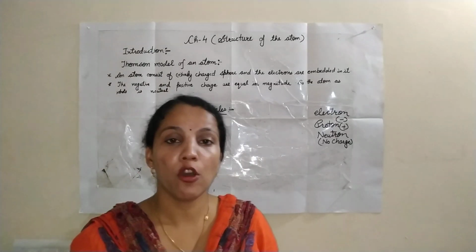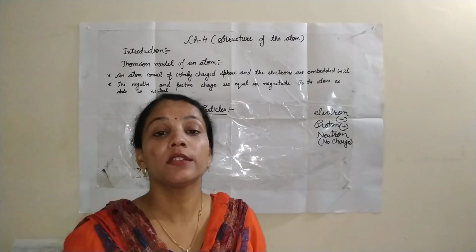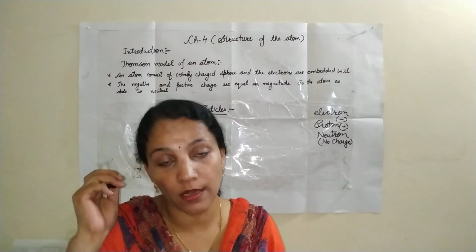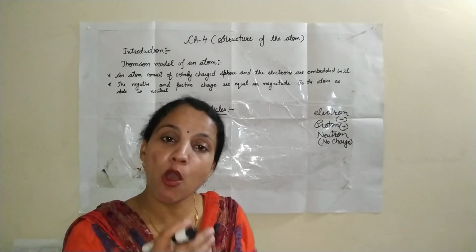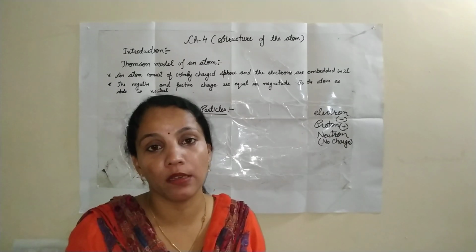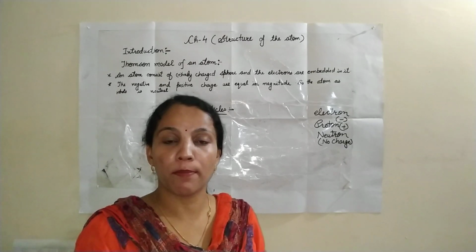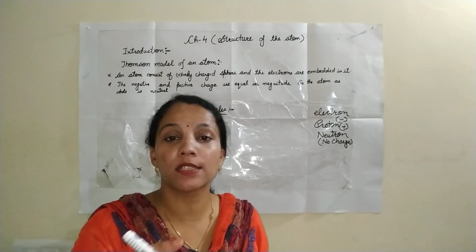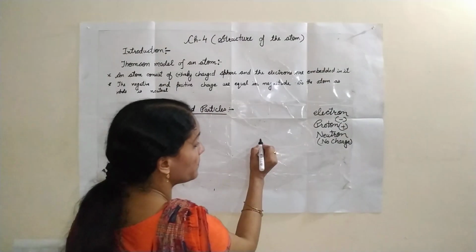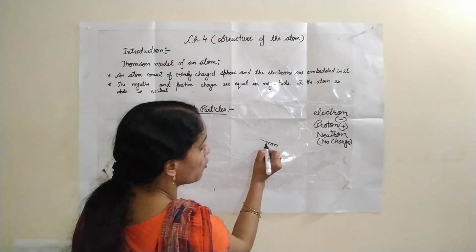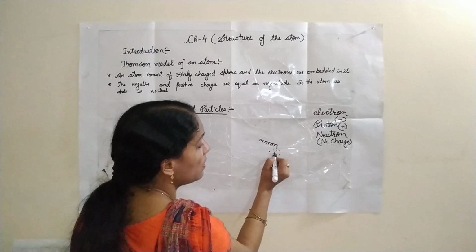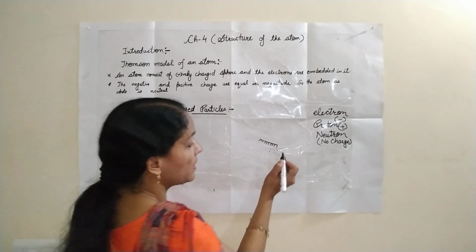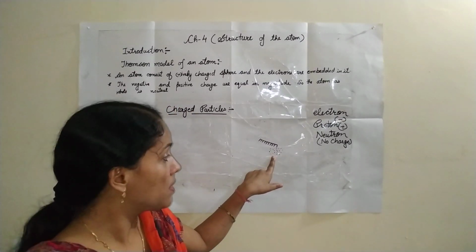First of all, here you have to understand charged particles. You might have observed that after rubbing a comb with hair, and then you put that comb nearby small pieces of paper, what happened? The small pieces of paper are attracted towards the comb. Just see here, this is a comb, and after rubbing this with hair, I am putting this nearby these small pieces of paper. What happened?